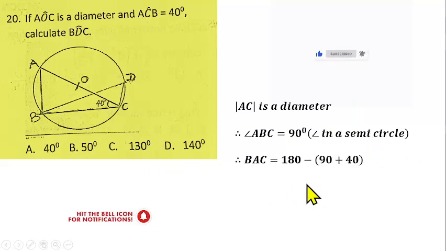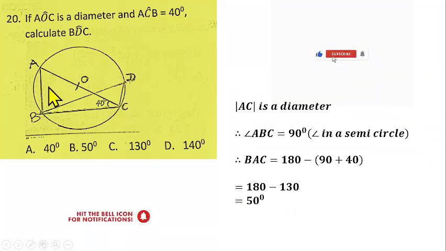So from triangle BAC, we have this angle B here to be 90, and this is 40. So we can find this angle here, which is angle BAC, and that will be 180 minus 90 minus 40, sum of angles in a triangle. So that should give us 50 degrees.